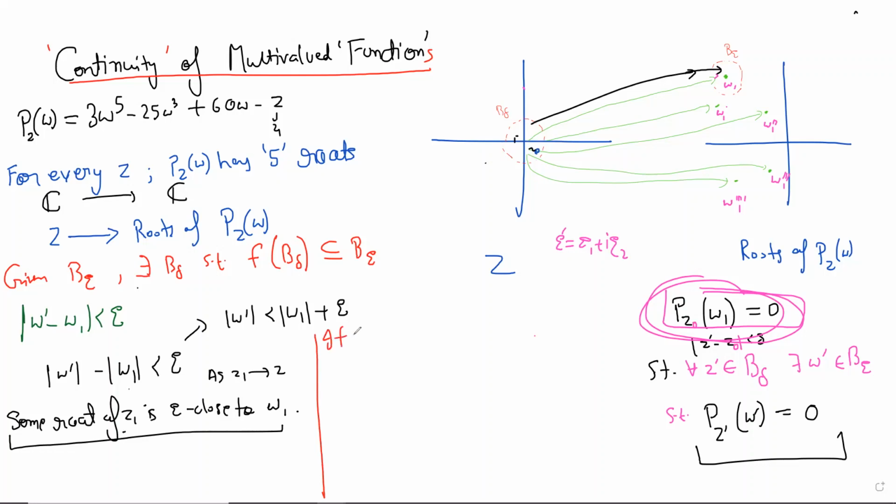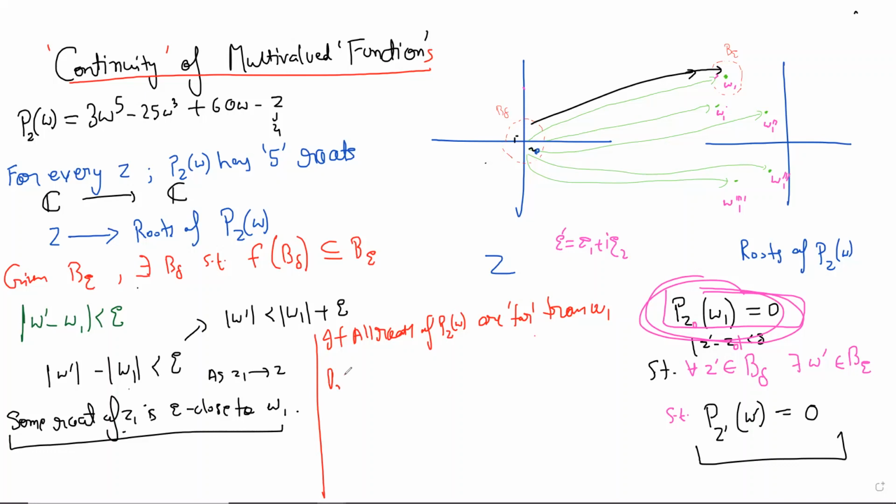If all roots of the polynomial at Z are far from W1. What do I mean?